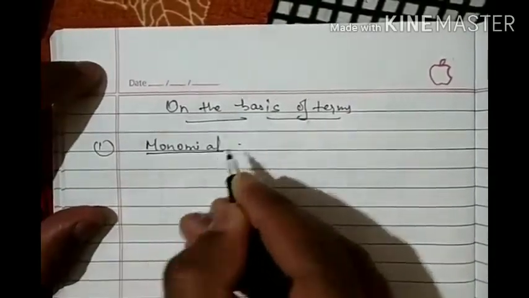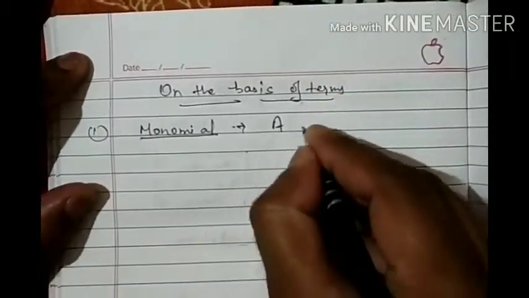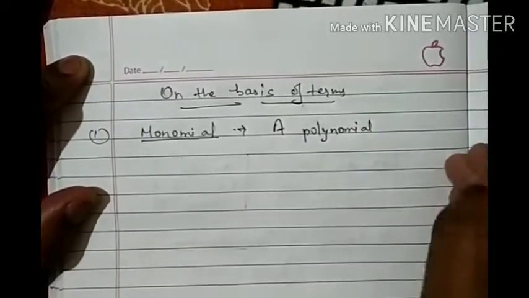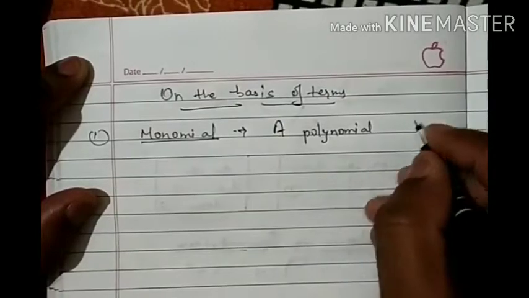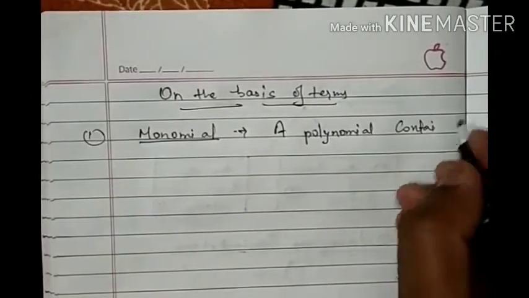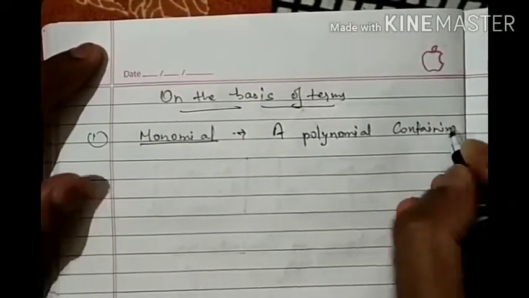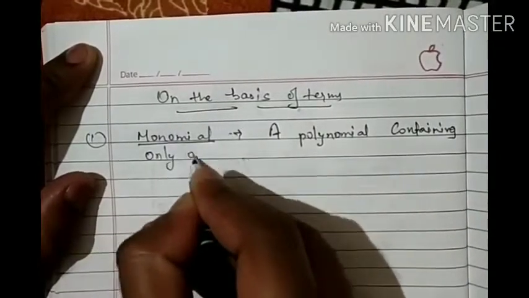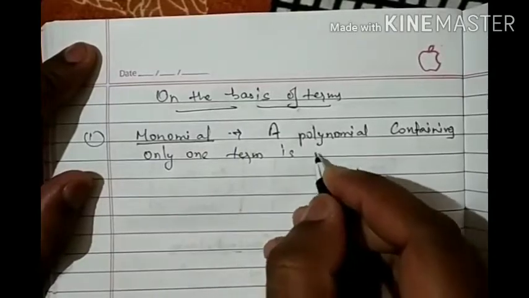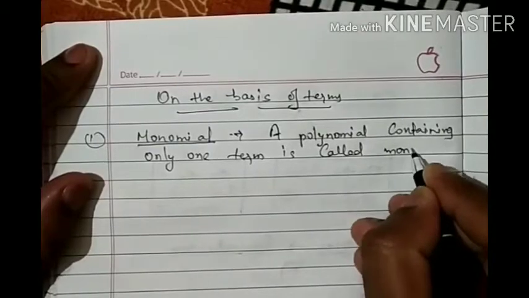A polynomial containing only one term is called a monomial.